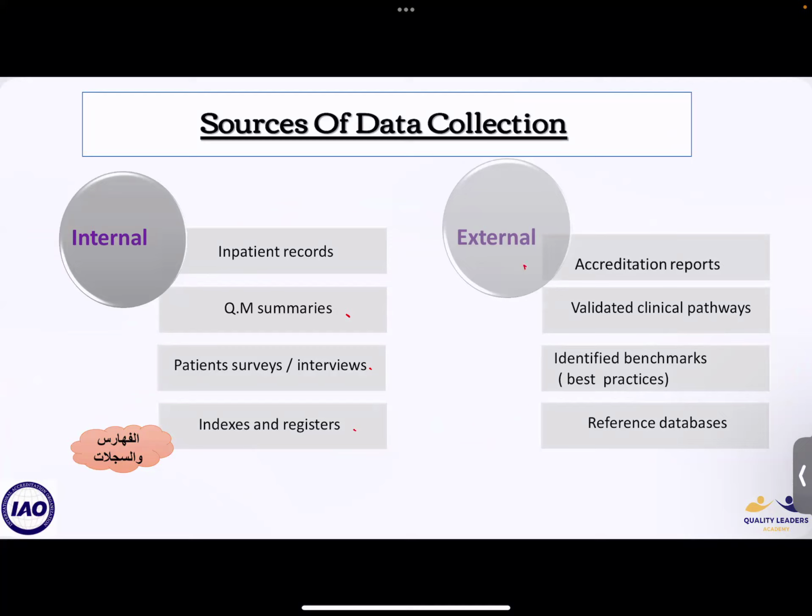When we say internal sources, this includes, as I've said, the medical records and all of this. And there are also index registers and hospital-based data. I can also collect data from the external sources, such as accreditation reports, validated clinical pathways, identified benchmarks or the best practices, and the reference databases.